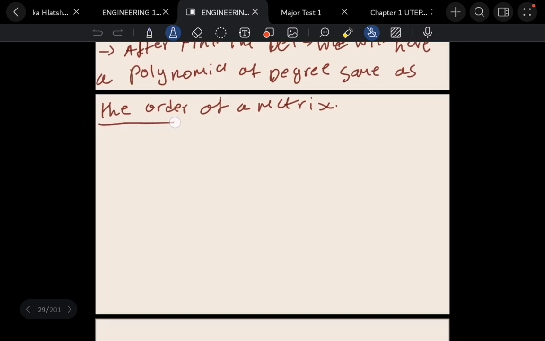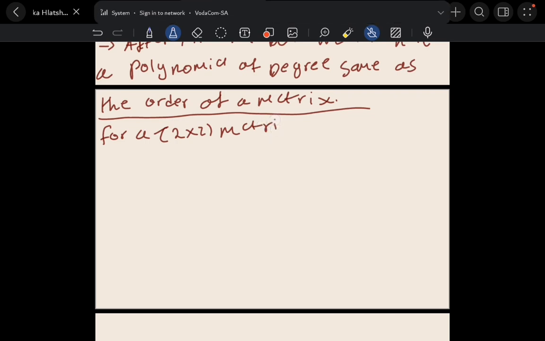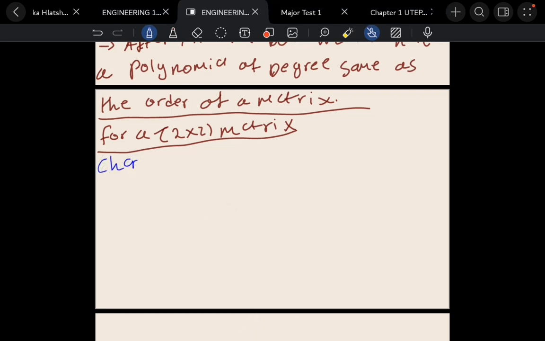So let us look at the polynomial. For a 2 by 2 matrix, I'm only going to do a 2 by 2 and a 3 by 3. Your characteristic equation is given as follows.